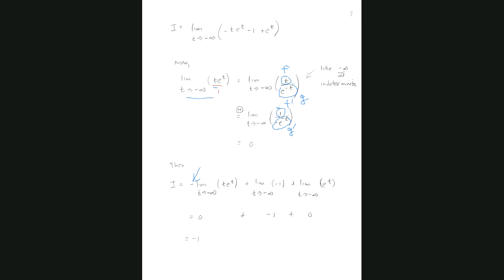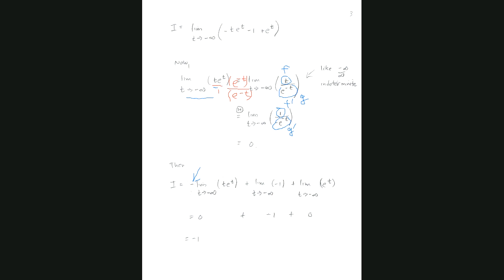And so you're going to multiply by e to the negative t top and bottom.